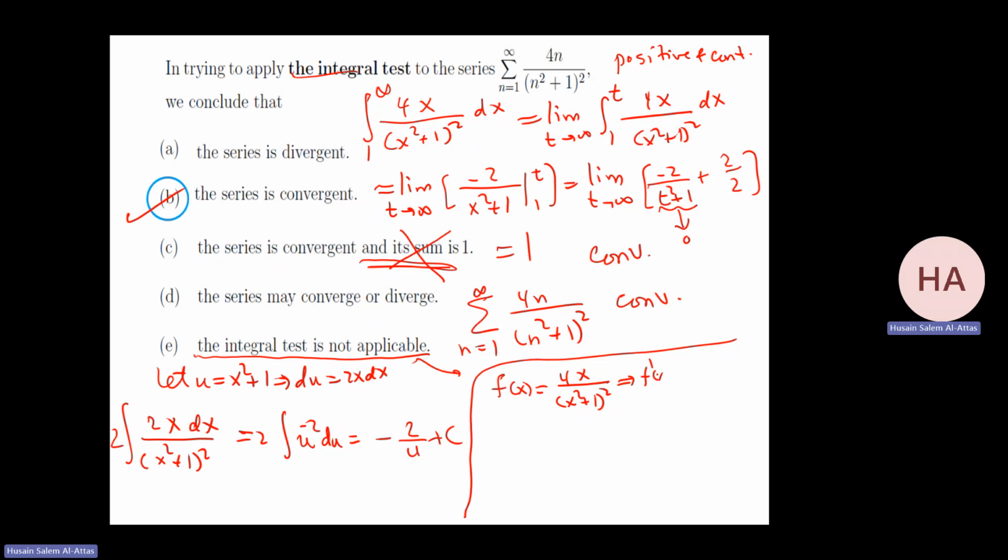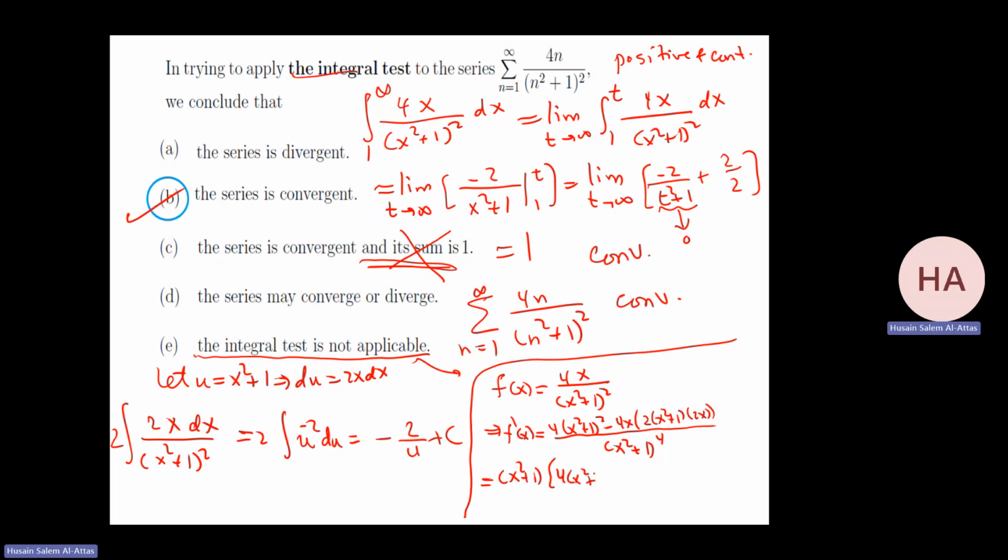What will be f prime? Let me give it more space. I need to check if f prime is negative. So I have 4 times this, minus 4x times 2 times x squared plus 1 times 2x, all over x squared plus 1 to the power 4. Now let me take x squared plus 1 as a common factor.